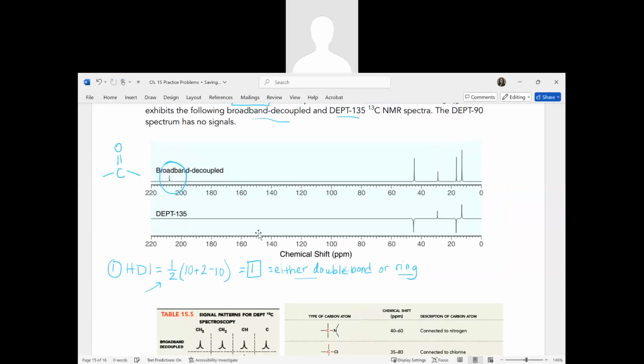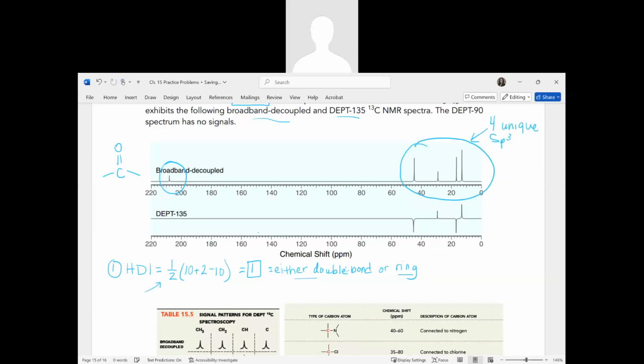We have 4 signals in the range of 10 to 60 ppm. So this would represent 4 unique sp3 hybridized carbons here.